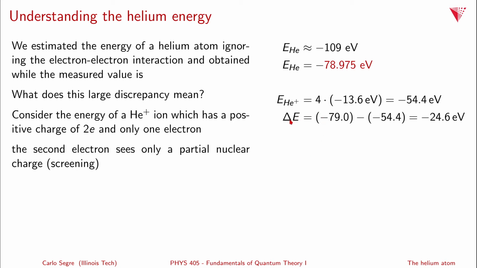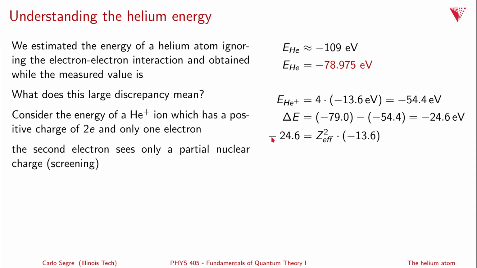Well, if we take the energy difference between the helium plus ion and the experimental helium atom energy, we get about 24.6 electron volts.